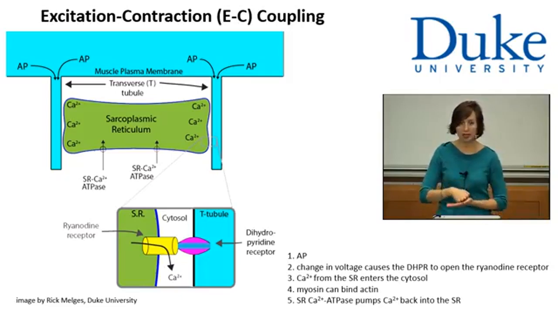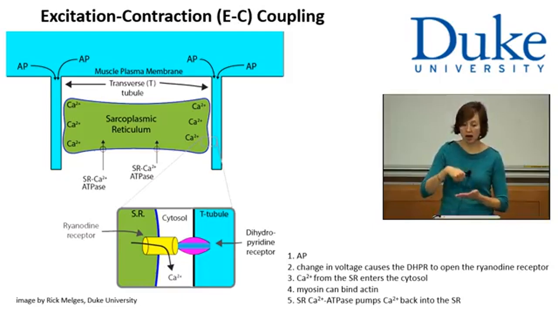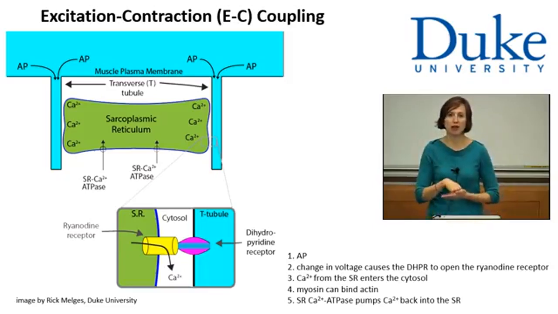The acetylcholine will bind nicotinic acetylcholine receptors on the skeletal muscle plasma membrane, which will cause some sodium to enter at that point of the skeletal muscle membrane. So it's going to cause a graded potential.